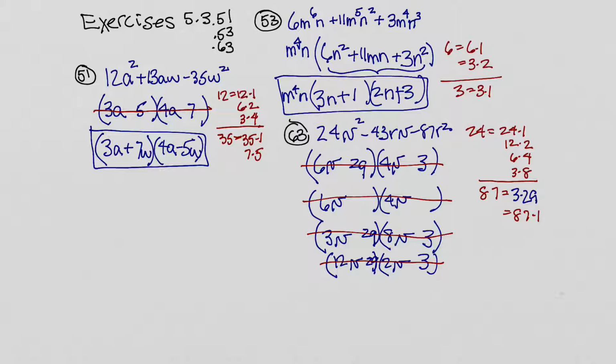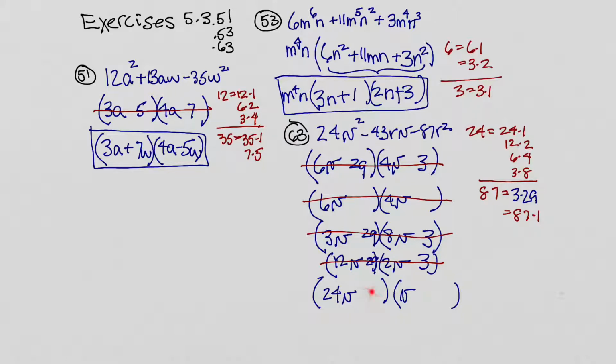So let's try these extremes here. Let's try 24V and V itself. And then I'm going to try the pair closest together, the 3 and the 29. But if I try this, I know that the 3 is not going to go over here.